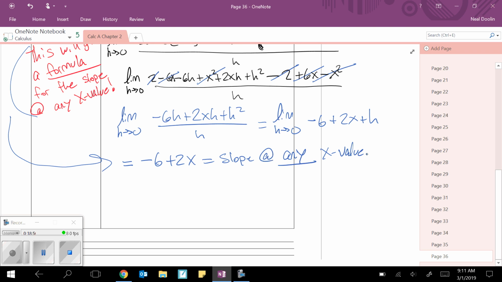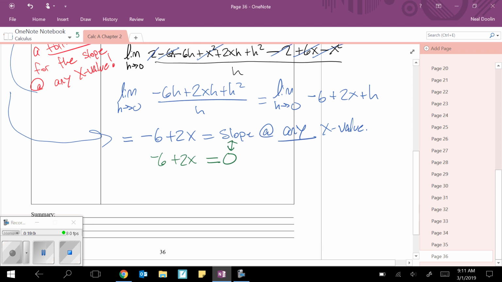The question was, where is the original function slope equal to 0? So I'm just going to put in 0 for the slope, which now is a quick algebra problem. Add over the 6x, divide by 2. At x equals 3, the slope is 0. Let's just find the y value for that. What was the original function?